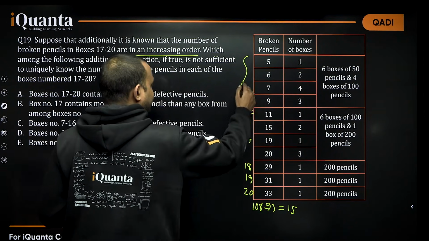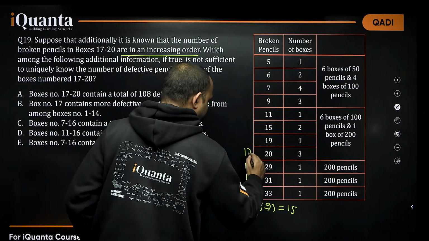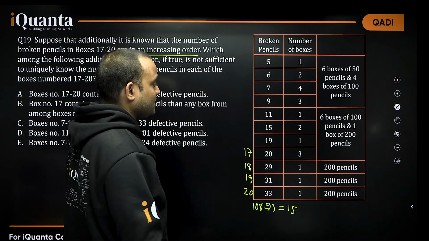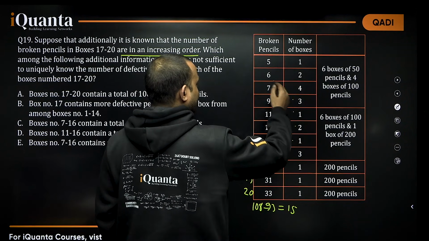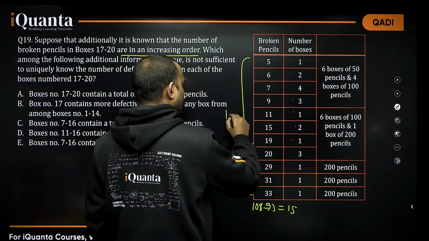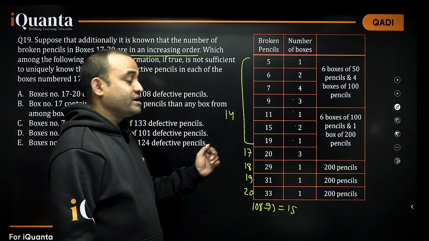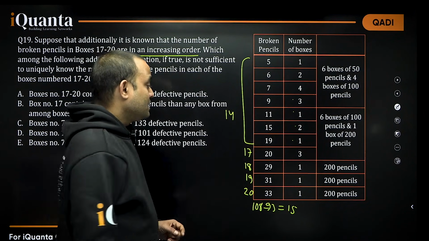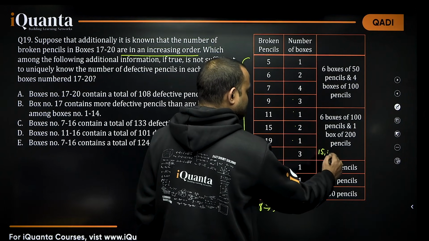So if I take that box number 17 has 20 broken pencils, what will happen? 1 plus 2, 3 plus 4, 7 plus 7. We have 14 boxes which definitely has less than 20 broken pencils, and the remaining 2 broken pencils could belong to 15 or 16.